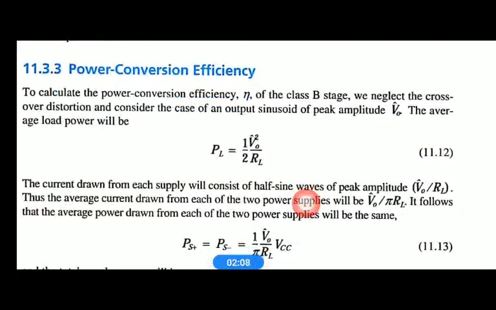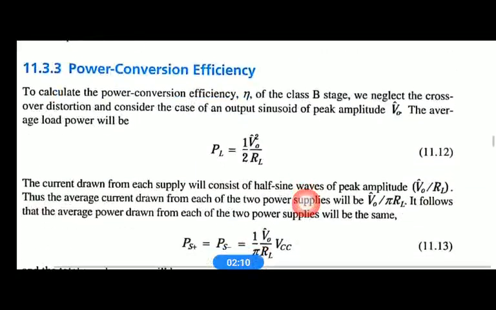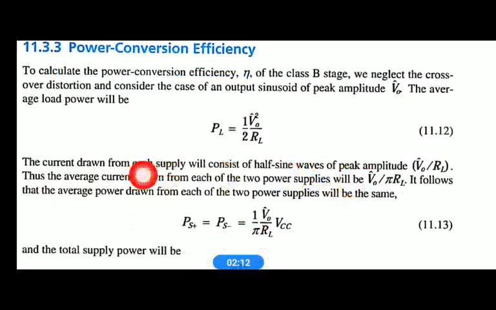Okay. So next is the supply power. To get the supply power, the current drawn from the supply will consist of a half sine wave of peak amplitude V0 by RL. We are drawing the current V0 by RL from the supply, where V0 is the peak amplitude for the half sine wave.